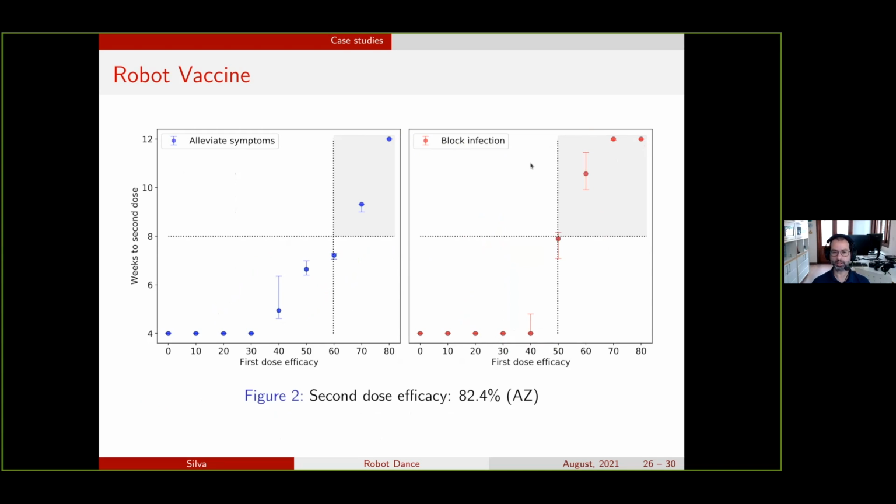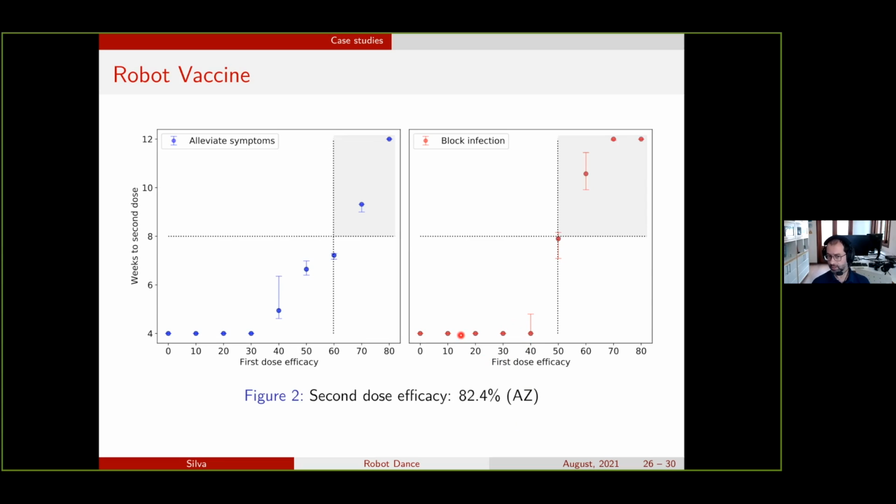But if you think about the delta variant, it has a characteristic that makes the first dose less efficient. And in the case of the delta variant, you usually would end up around here, around 30 or 40% efficacy in the first dose, and you really needed the second dose to get a higher efficacy.